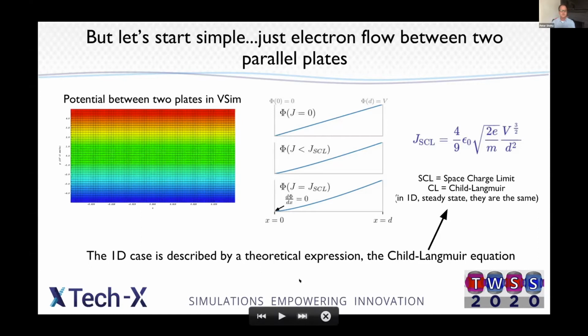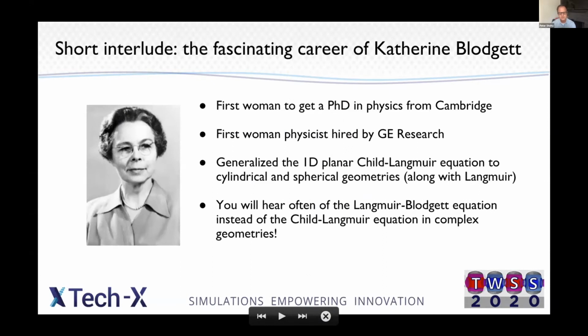So yeah, quick interlude before we go with more physics. 1D parallel plate, that's too easy, right? Who runs a parallel plate? Nobody, right? But cylindrical geometry, that's when things get more interesting. And the person who actually worked out the solution for cylindrical geometry is this woman named Katherine Blodgett, and kind of an interesting biography for her.